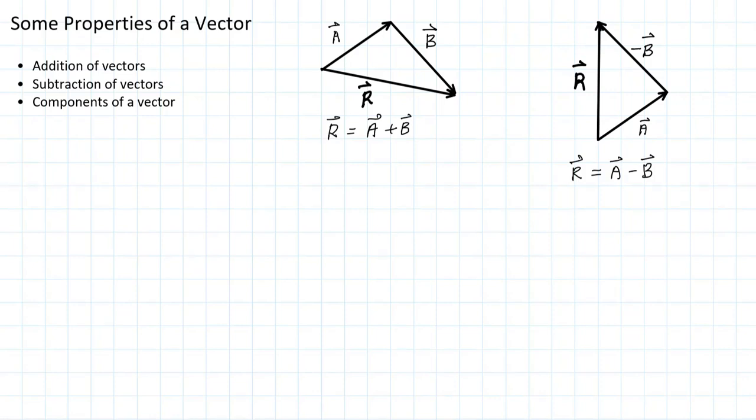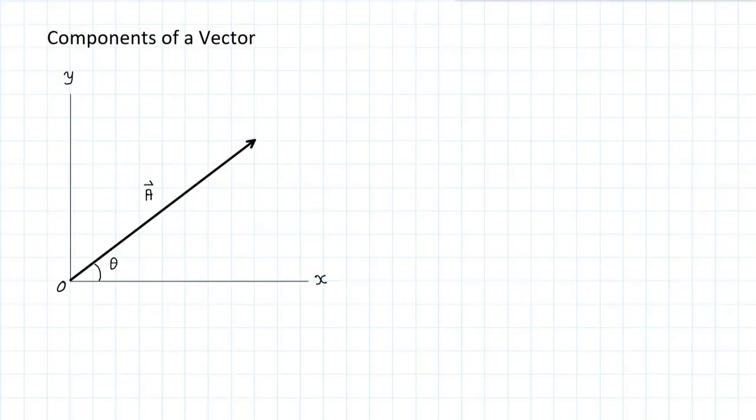Okay, but first we have to look at what the components of vectors are. Components of a vector. Consider a vector A lying in the xy plane and making an arbitrary angle theta with the positive x-axis, as shown in the figure here.